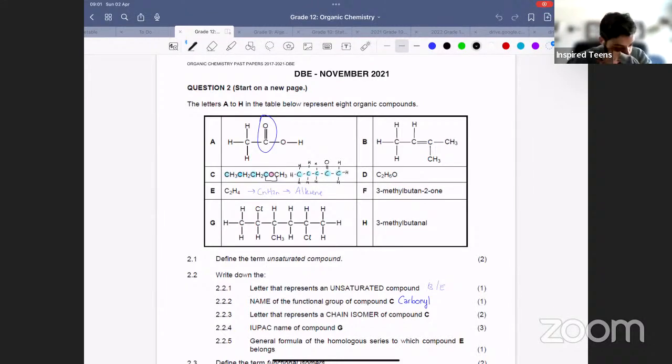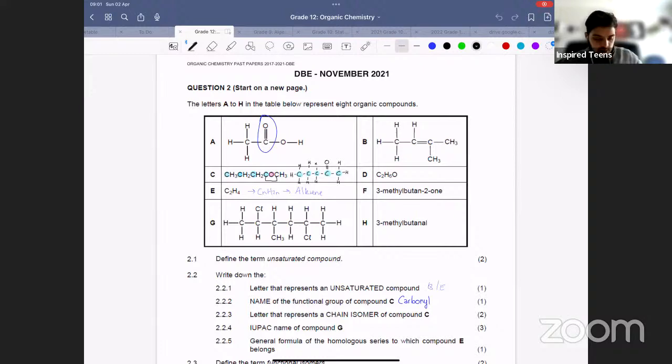Let's continue. If I'm not mistaken, from what it looks like anyway, we did till 2.2.2, but nevertheless, let's redo both of them, right? Let's look at this question from November 2021.